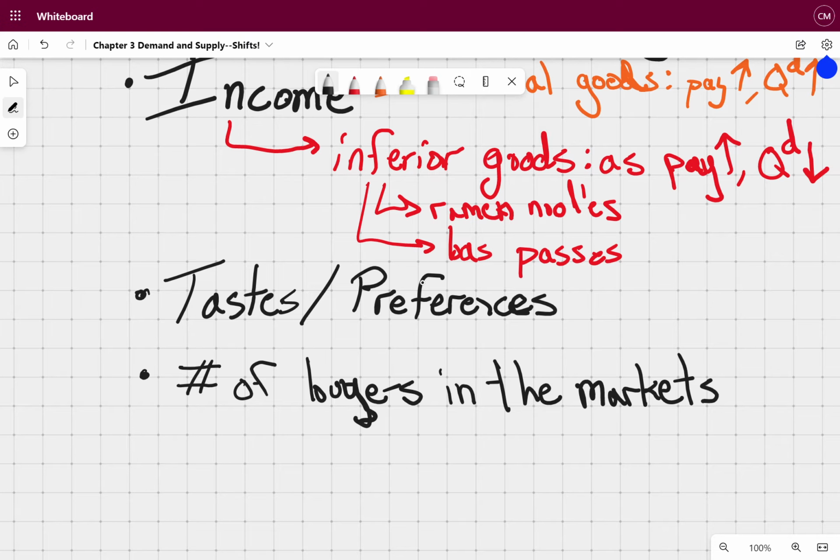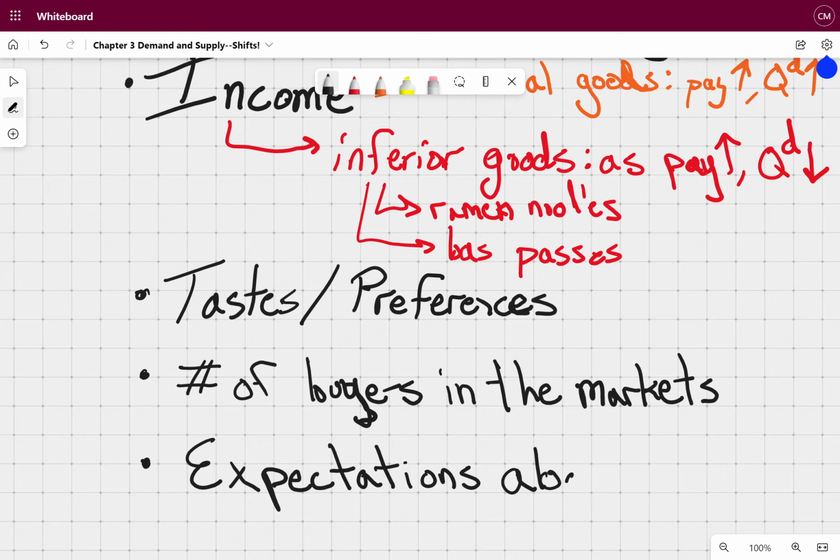And the last one, the most esoteric, most difficult to grasp, is our expectations about future prices.